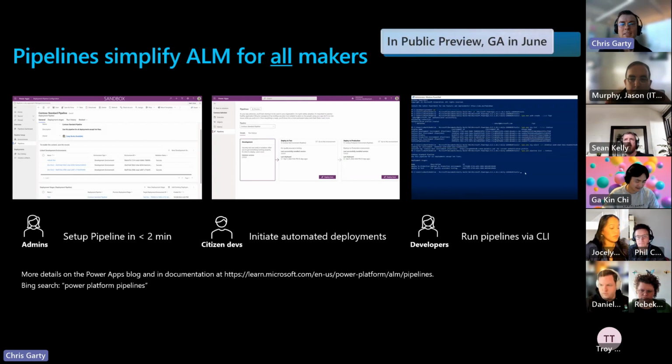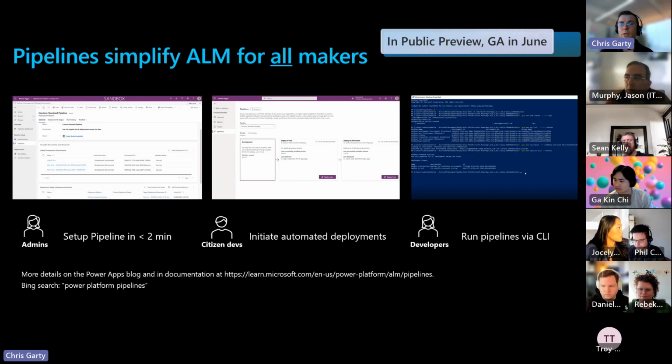So if I can summarize it, administrators will set up a pipeline. It's very easy to set up a pipeline. There's currently a model-driven app that you'll use to set up the pipeline. That experience will change over time, and come into the maker and admin portals. And then makers, citizen developers, they can initiate deployments.